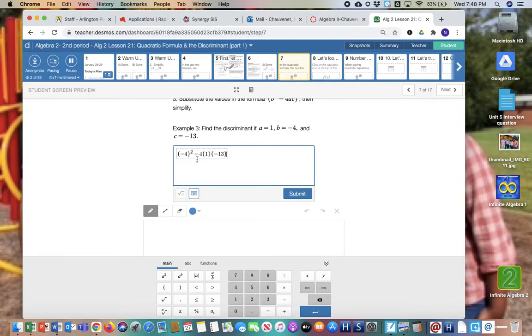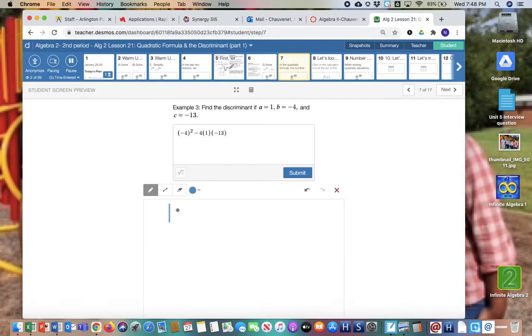Alright, so negative 4 squared is 16. So again, what am I going to actually get here? I'm going to get 16. Negative 4 times 1, obviously, is just negative 4. Negative 4 times negative 13. A negative times a negative is a positive. So you're going to write your positive, and then since this is just 4 times 13, so 4 times 13 there is going to give us our 52.